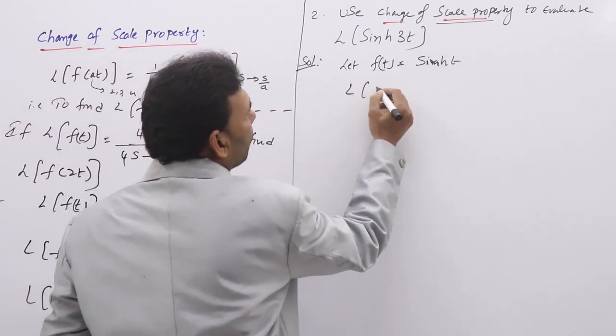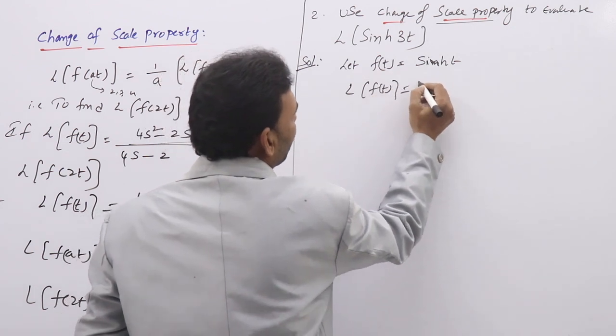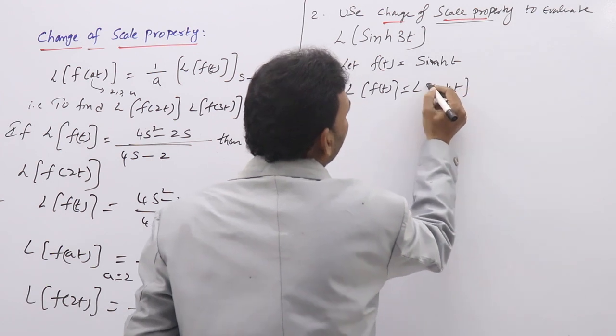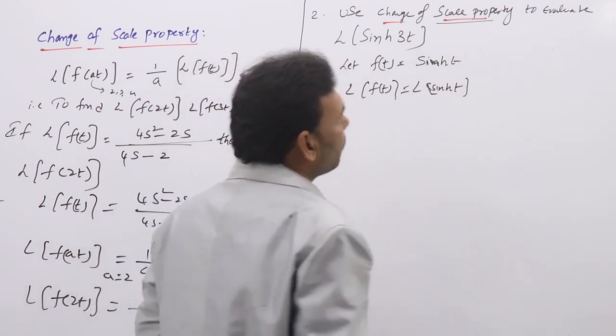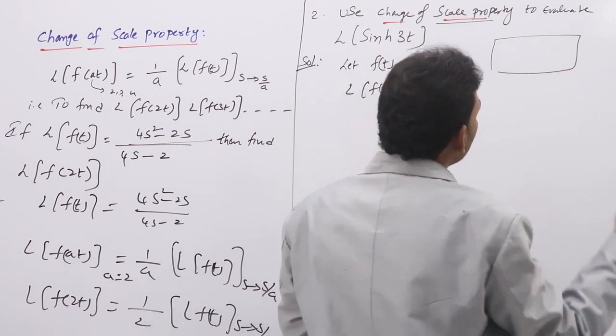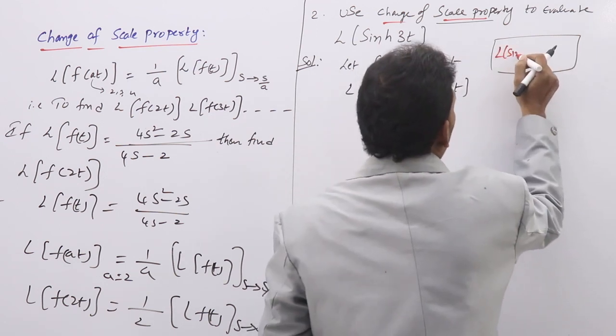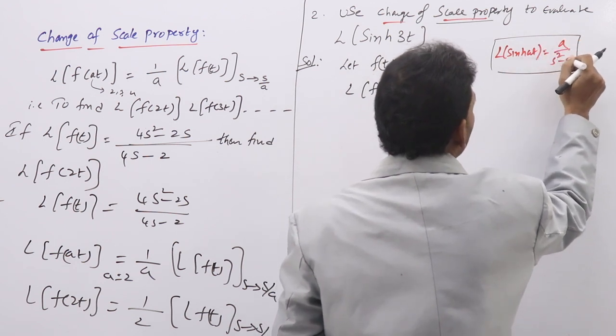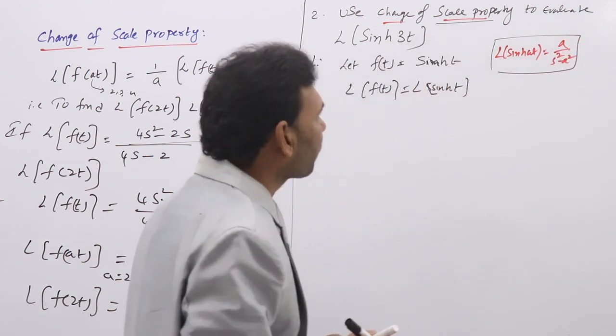Now, L of f of t is L of sin ht. You know this formula? L of sin hat is a by s square minus a square.